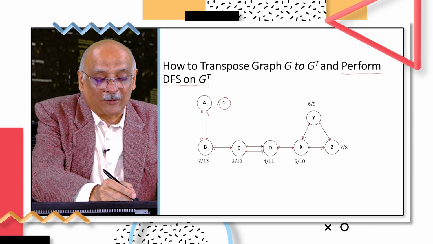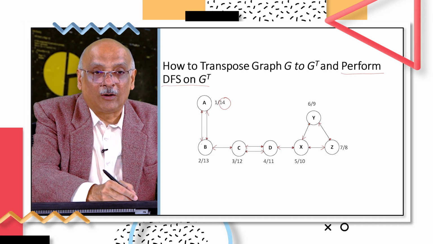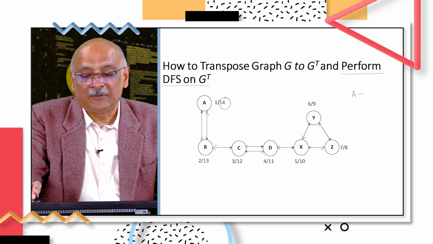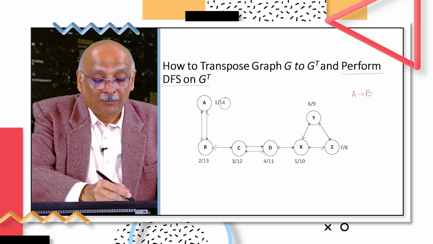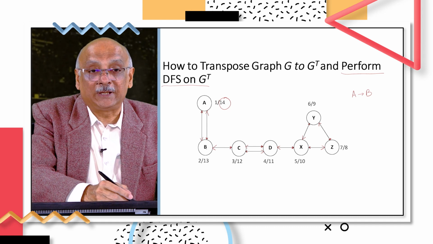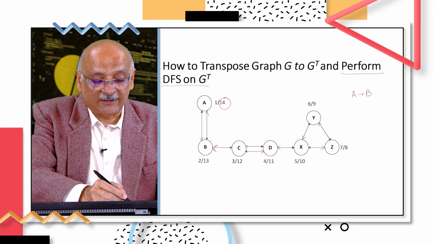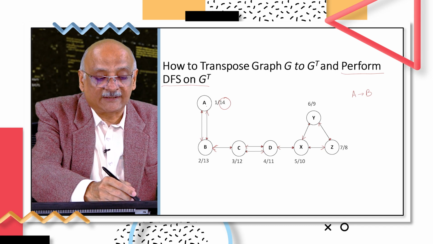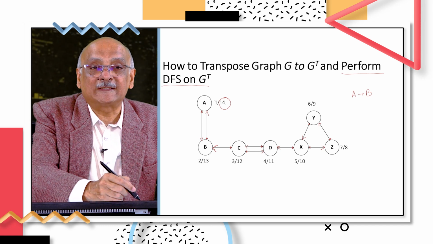So we start from A, there is a link to B. My depth first search is going to be A, next B, but there is no link out from B. Remember, because this arrow has been reversed, B has just a link to A, and A has already been visited.